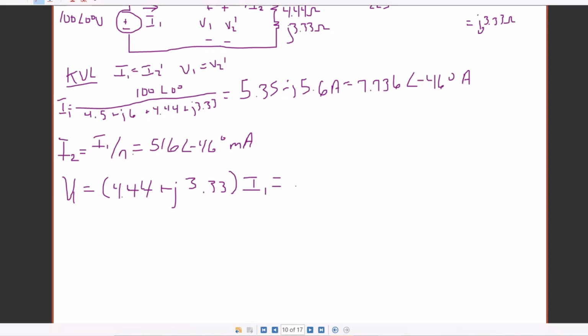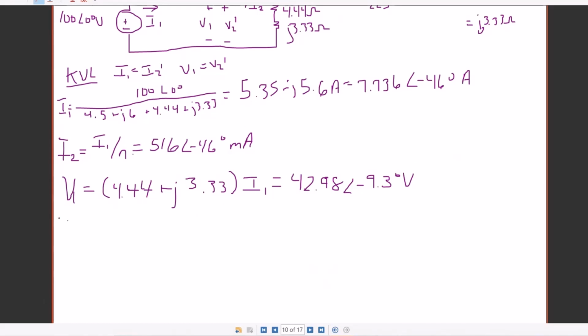And V1 is equal to 42.98 with an angle of negative 9.3 degrees. And the units are volts. Okay.